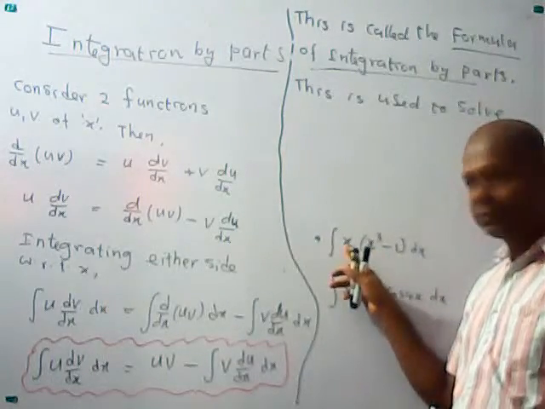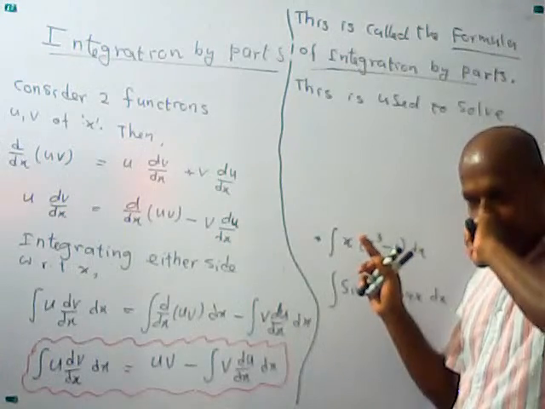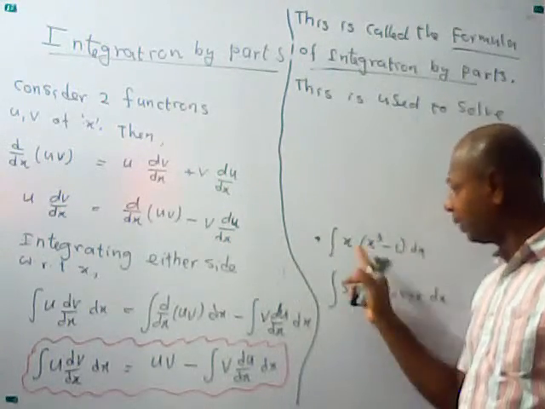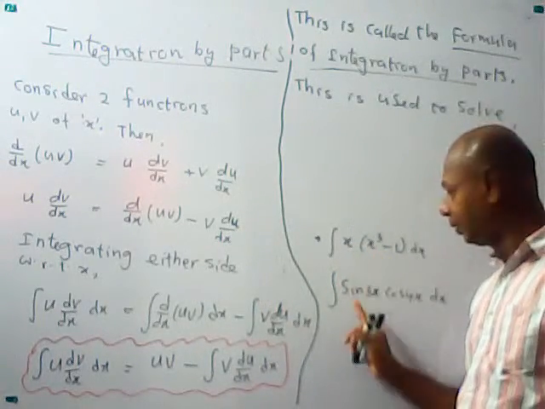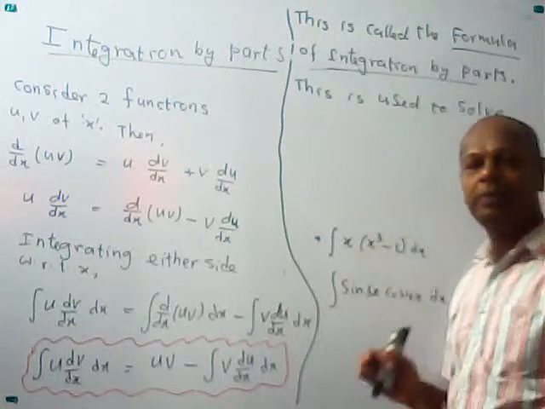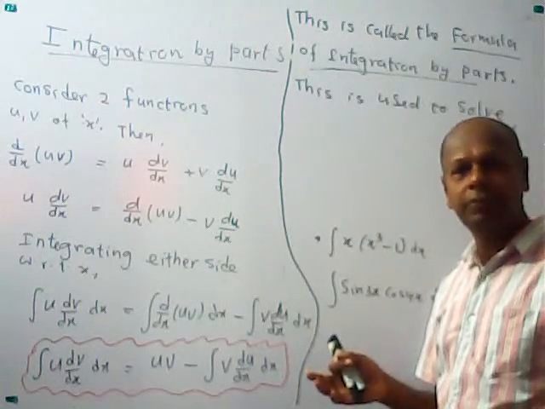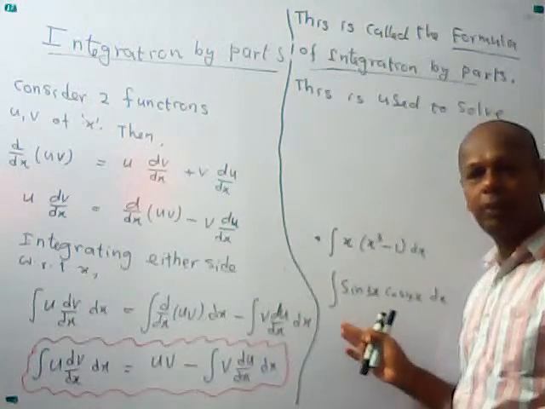So the thing is, these are similar types of product functions. An algebraic function multiplied by another algebraic function. Here, a trig function multiplied by another trig function. If they are similar types of functions, we have ways of simplifying them. For this, you can use the formula, right?